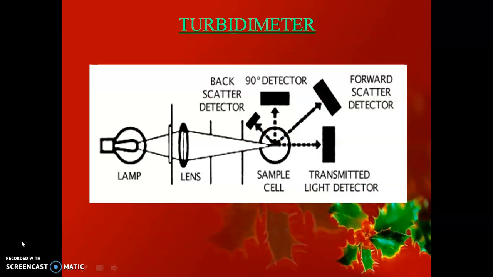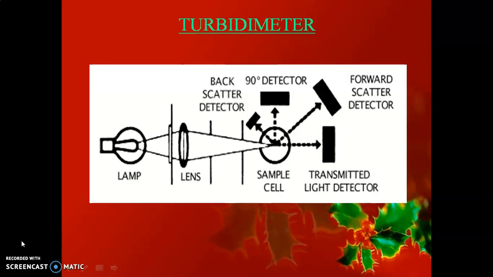Mostly in nephelometry, the configuration is as represented here: lamp, lens, sample cell, and at 90 degrees the detector is situated. But whenever the detector is situated at 180 degrees, it means light is transmitting.